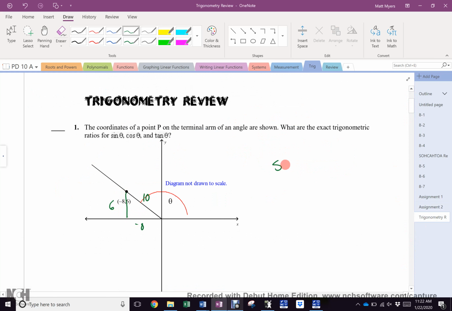So sine equals 6/10. Cos equals negative 8/10. Tan equals negative 6/8. Of course, you would simplify all those to 3/5, negative 4/5, and negative 3/4.